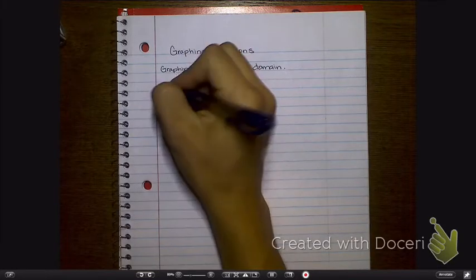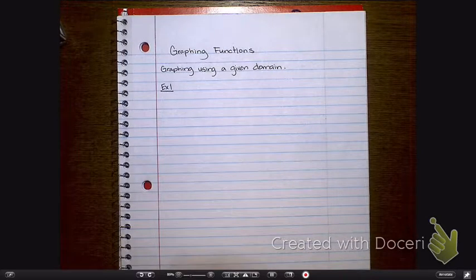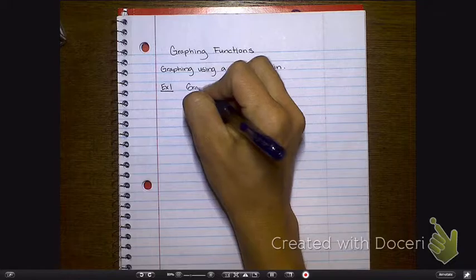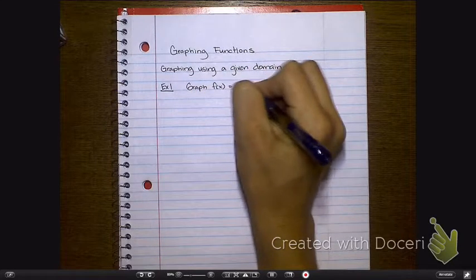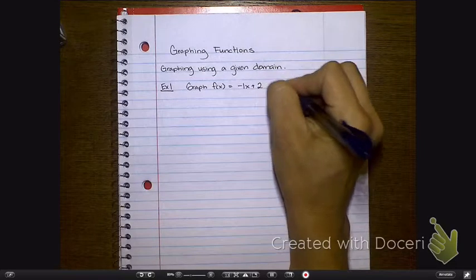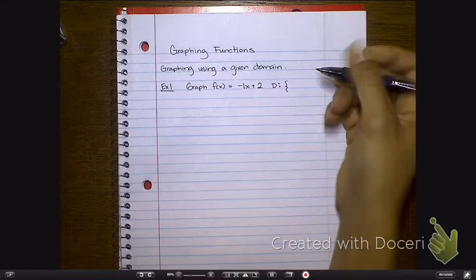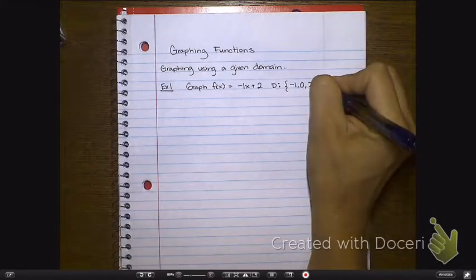For our first example, we're going to graph this function f of x equals negative 1x plus 2 for these domain values. And the domain values are these: negative 1, 0, 2, and 5.